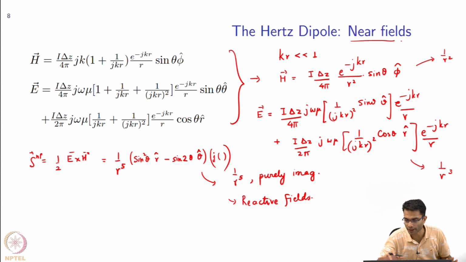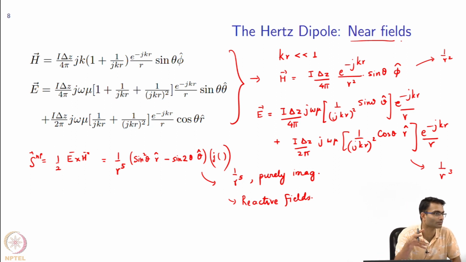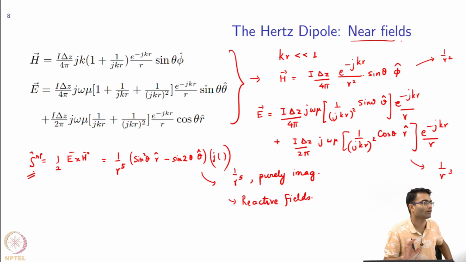But here I am taking only out of these 5 terms, I am only keeping 2 terms. So, there will be some sort of mismatch over here, that is okay, but the main point is we are not going to integrate this term over the whole sphere. This is just telling us what is the dominant part of the Poynting vector, what is the main contribution to the Poynting vector in the near field.